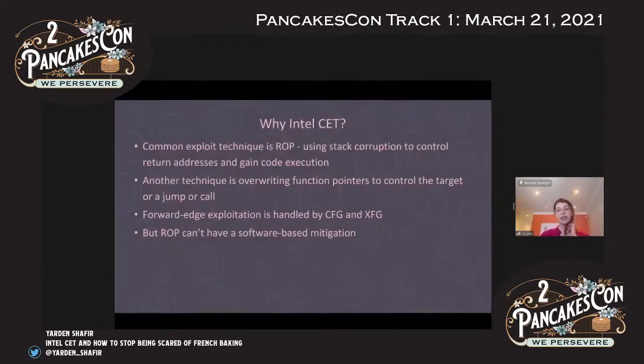So we'll start with the security-related topic, which is Intel CET. That's a processor feature that Intel added into their newest Tiger Lake processors, which is meant completely for security purposes, because there is a very common, relatively well-known exploitation technique called ROP, return-oriented programming, which is a method to hijack the execution of an application.